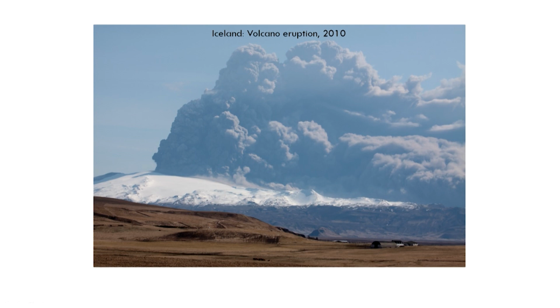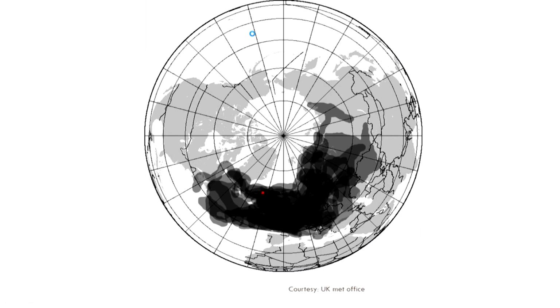So, the Icelandic volcano eruption, I guess football lovers would have seen that this played havoc with it. Even tennis lovers, I guess, yes. And let's just look at it. So, this is the site of the explosion, and you see the extent of the fly ash or the plume that was sent all over the world, and that is why you understand the number of flights and such that were cancelled.